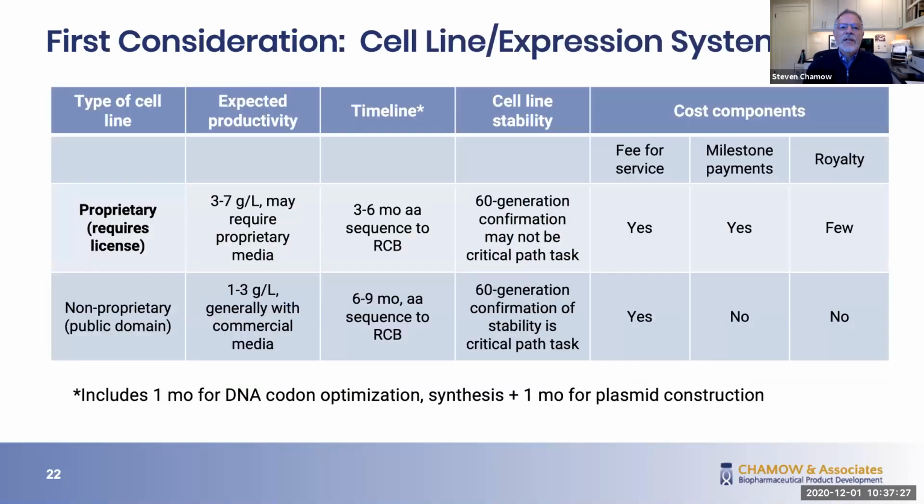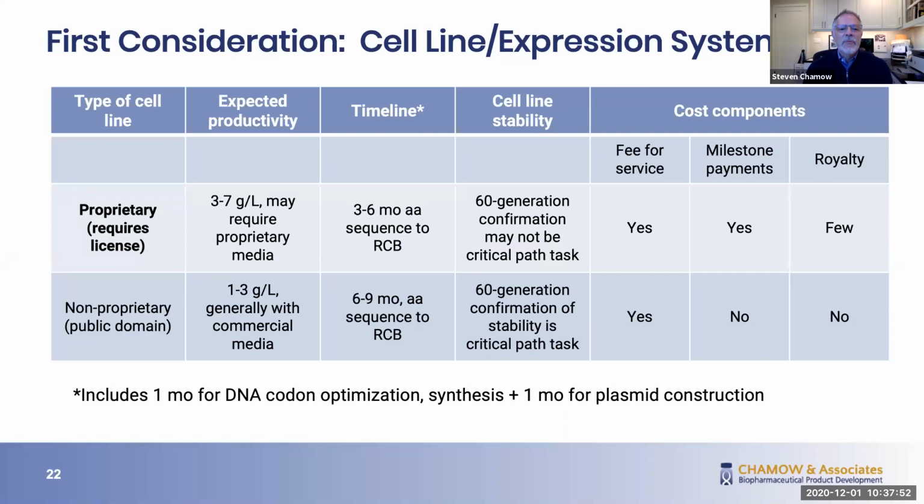So our first consideration is the cell line and the expression system. As Tracy pointed out, there are two types of cell lines that can be considered, or expression systems that are available. One is proprietary, the other is non-proprietary. And these differ in a variety of ways, as you can see on this table.